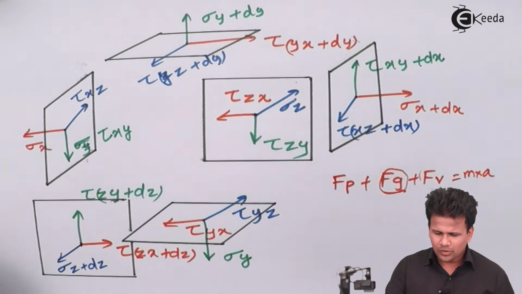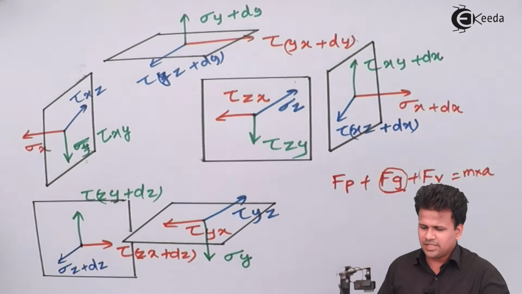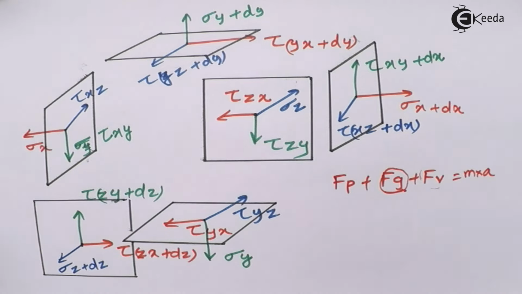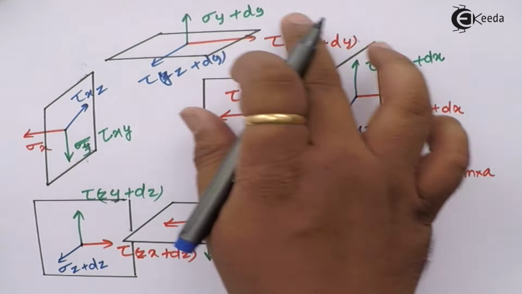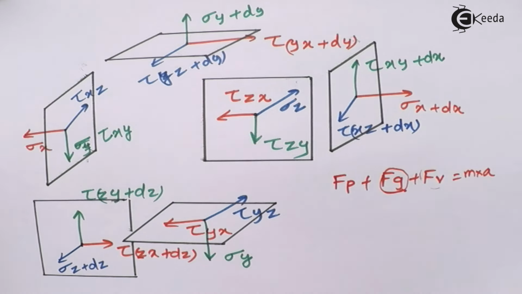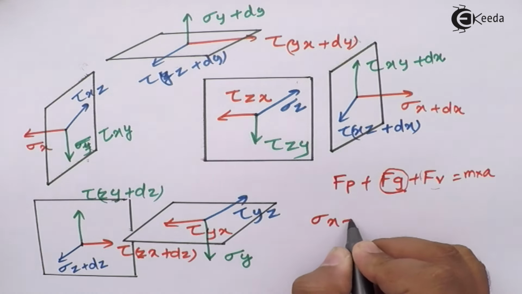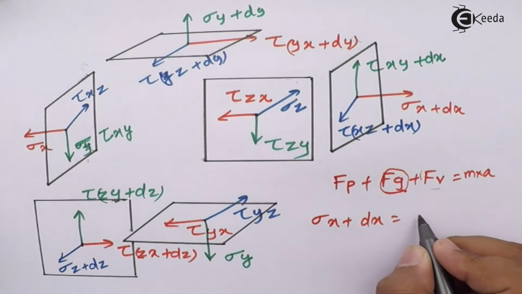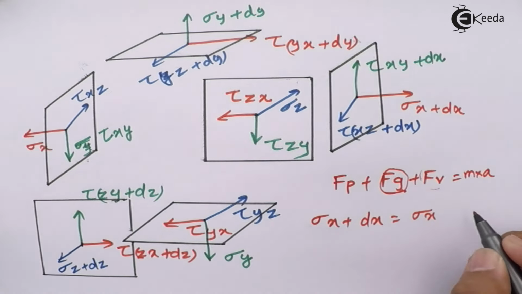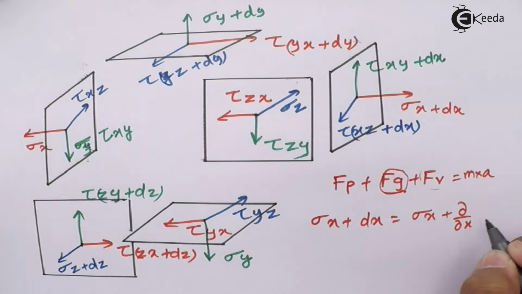Now let us see the net force along the x direction from these planes. Here we apply the Taylor series. We know that sigma x plus dx will be equal to sigma x plus dou by dou x of sigma x into dx.